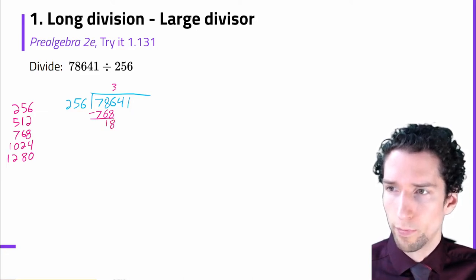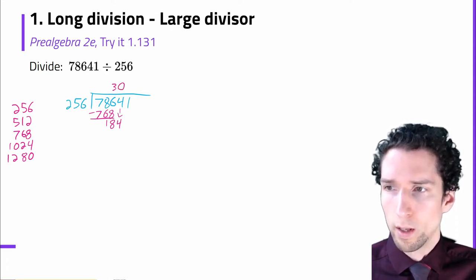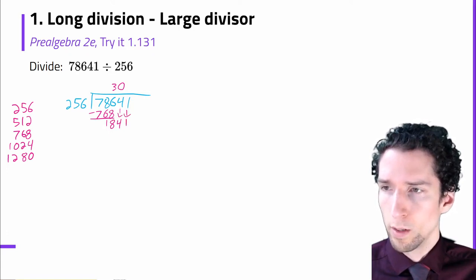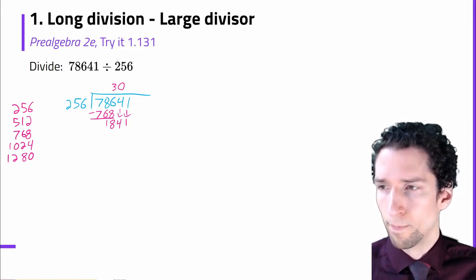And bring down this 4 here. 256 into 184. Nope, that's 0 times. And then we'll have to bring down this 1 as well. So 1. And 256 into 1,841.